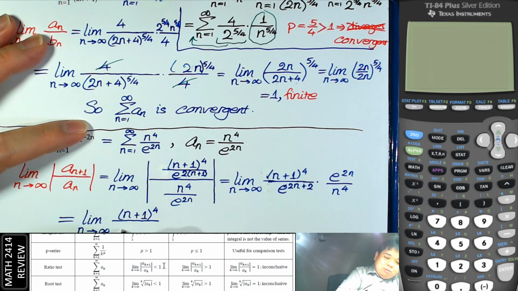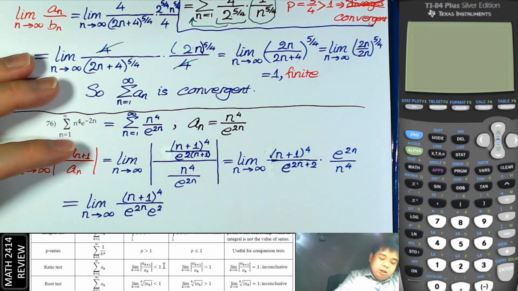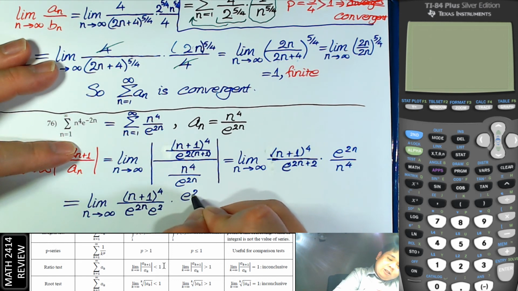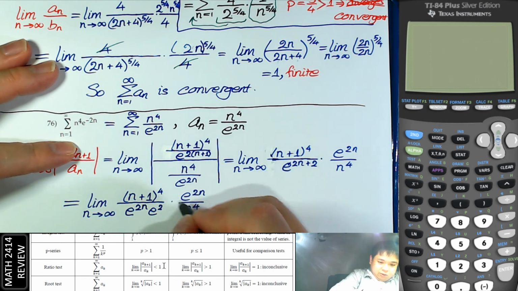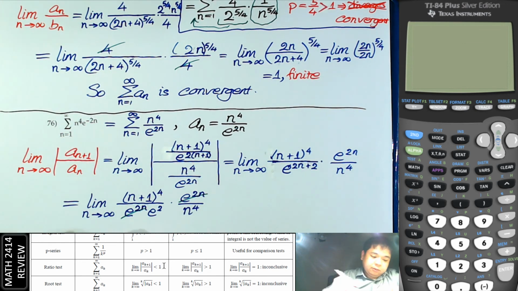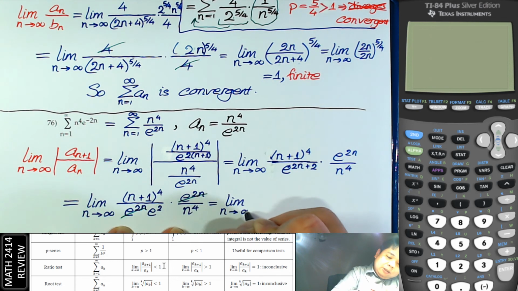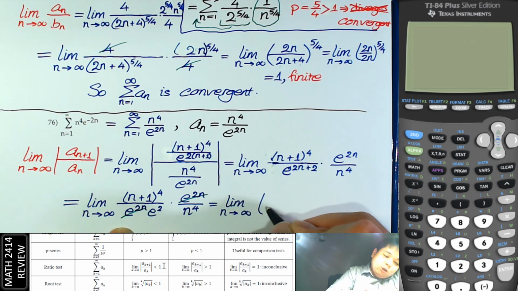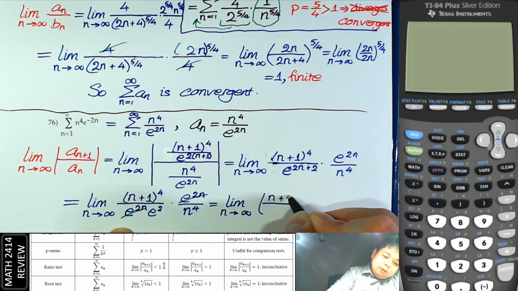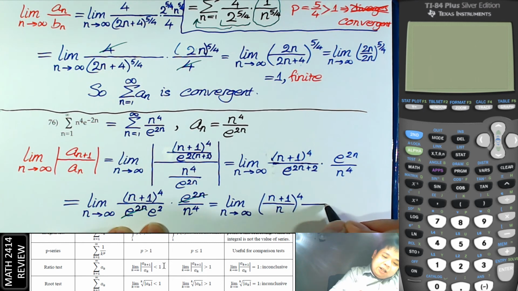At the bottom we can split e to the 2n plus 2 into e to the 2n and e to the second, using properties of exponents. Cancel that. Right, e squared is a constant. Both of these are under the power 4, so move that into the power 4. And e squared, we have that at the bottom.